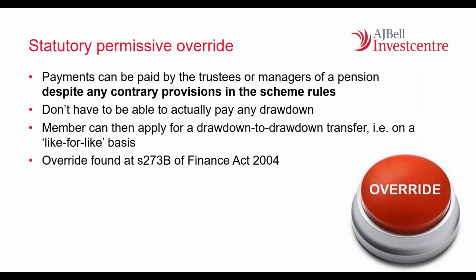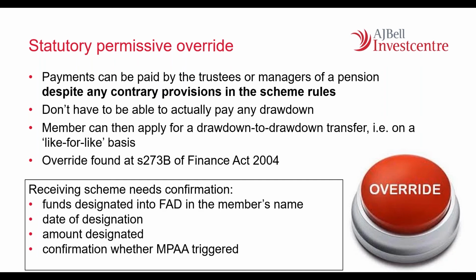So in order to do a transfer, all the receiving scheme would need would be confirmation that the funds have been designated into flexi-access drawdown in the member's name, the date the funds were designated, and the amount of the fund that was designated. Technically, they need to put in their confirmation of whether the money purchase annual allowance was triggered.